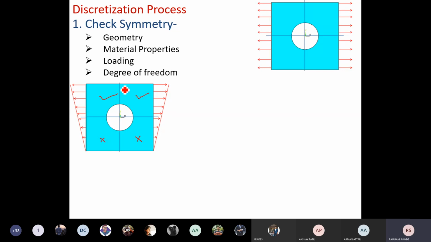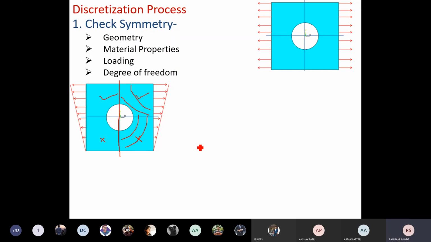So we can use symmetry about the vertical axis, and we can model only this part of the problem. You can use these results for complete analysis of the problem. Now this is about symmetry about this axis.